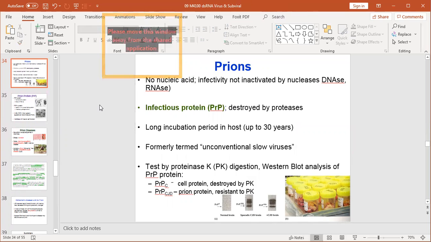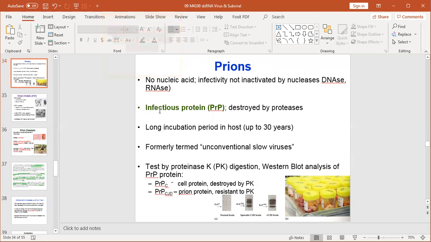Therefore, the infectivity of these particles is not inactivated by enzymes such as DNases or RNases that cleave or deactivate DNA and RNA respectively. So it's not nucleic acid, therefore these enzymes won't work on it.